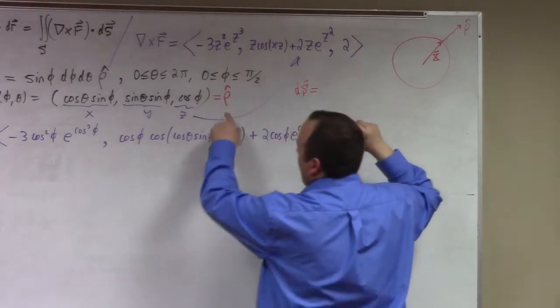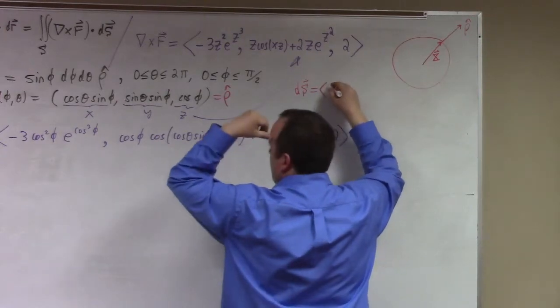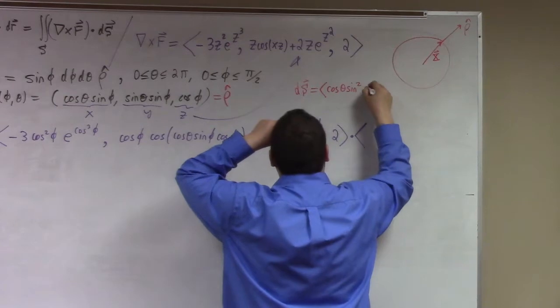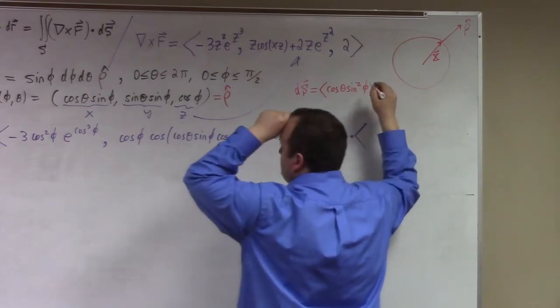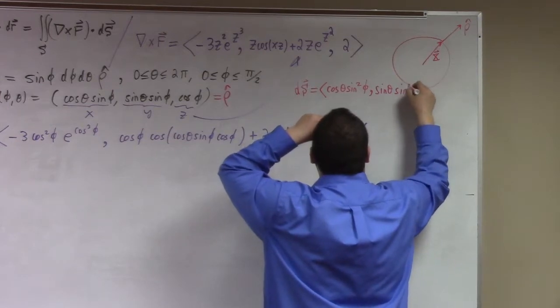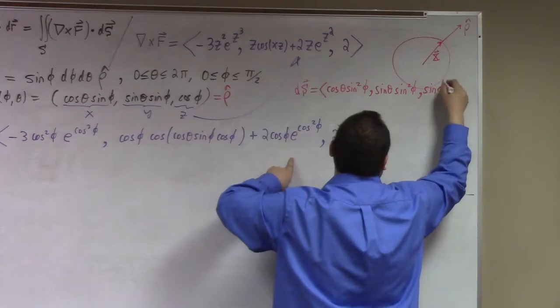Anyway, the point is, if I multiply rho hat by sine phi, I get something still yucky, which is cosine theta sine squared phi, comma, sine theta sine squared phi, comma, sine phi cosine phi.